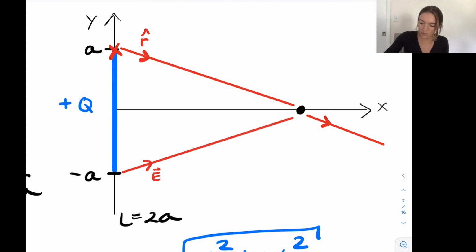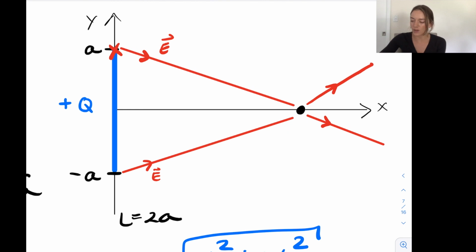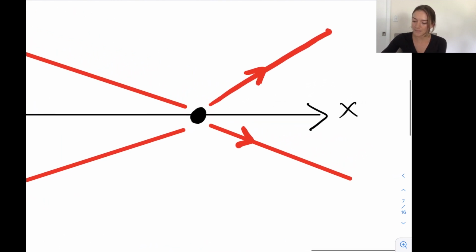So let's just change those because we're talking about which direction the electric field is in. So let's extend that. So the electric field, due to these two charges, we can kind of see it's going to cancel in one of the directions, right? So if I look over here, if I want to make a triangle like this and a triangle like this, these two triangles are going to be equal.